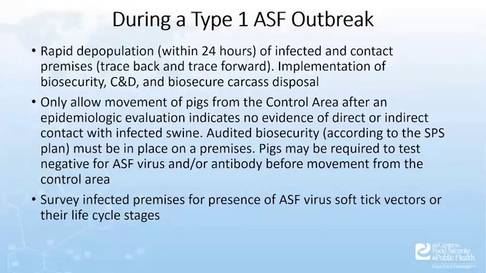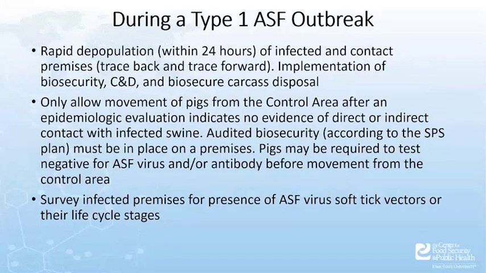Again, during a type 1 outbreak, rapid depopulation within 24 hours of infected and contact premises, including trace back and trace forward from all infected premises, implementation of biosecurity, cleaning and disinfection and virus elimination, and biosecure carcass disposal. Only allow movement of pigs from the control area after an epidemiologic evaluation indicates no evidence of direct or indirect contact with infected swine.